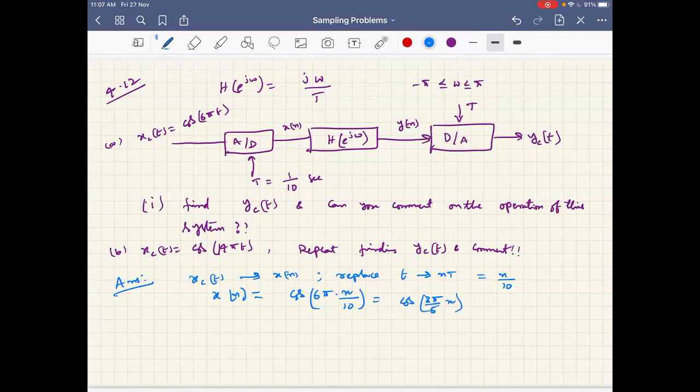The question here is, has aliasing happened while doing this?